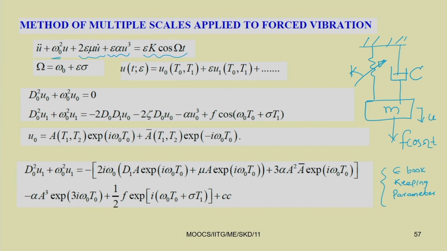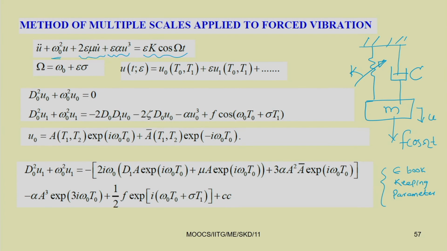Actually, m u double dot is the inertia force, and then m is divided everywhere. So k by m gives rise to omega 0 square, and c by m gives rise to 2 epsilon mu u dot; generally it is also written as 2 epsilon zeta u dot, either mu or zeta.